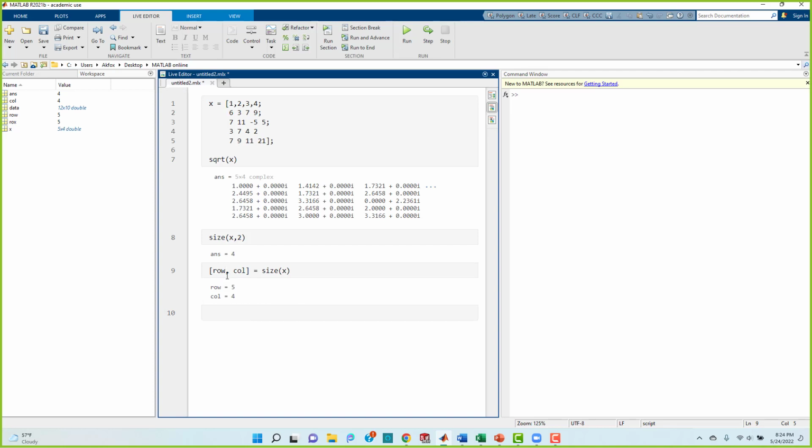This is very useful when we get into doing loops. If you're going to do a loop a known number of times based off of data that's input, you want to know how many data points there are in either rows or columns. By doing this, you can pull that out, and you know, okay, I have to run this many times.